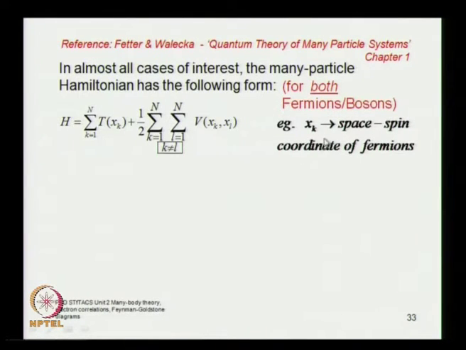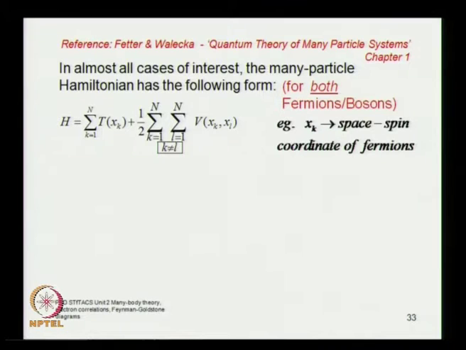So, you have for both fermions as well as bosons, let us say you have got a space spin space represented by xk, and a typical Hamiltonian for the many particle system is the sum of all the kinetic energy operators and certain two particle interactions. This is a typical Hamiltonian. Okay.